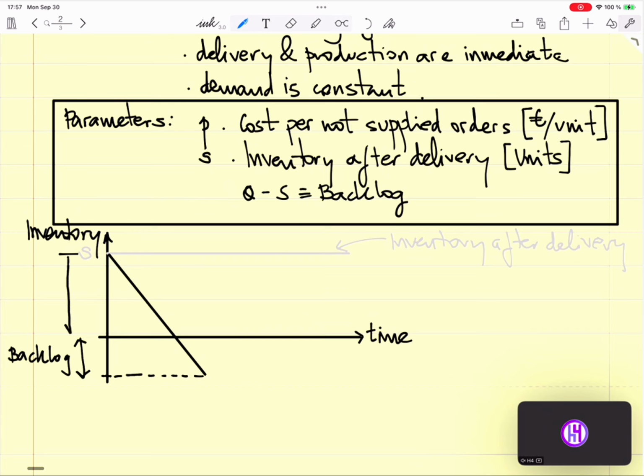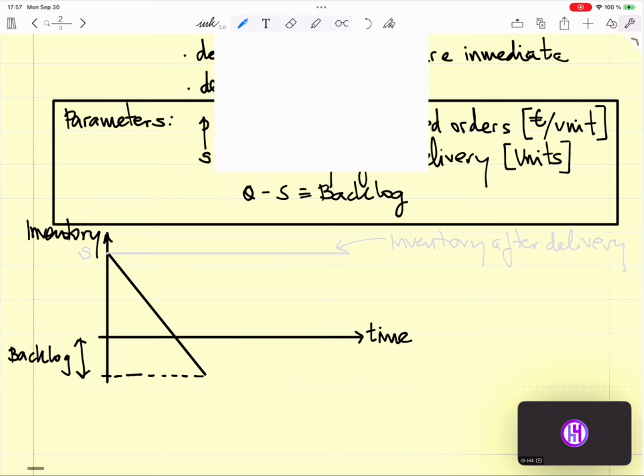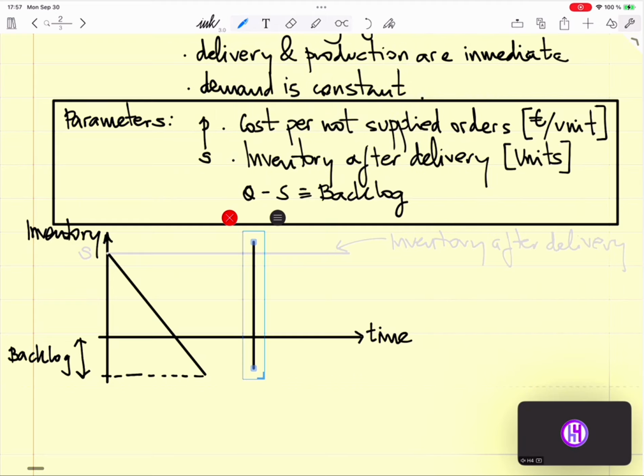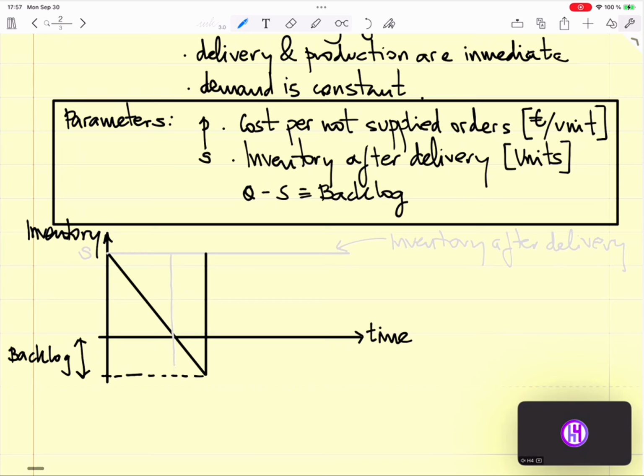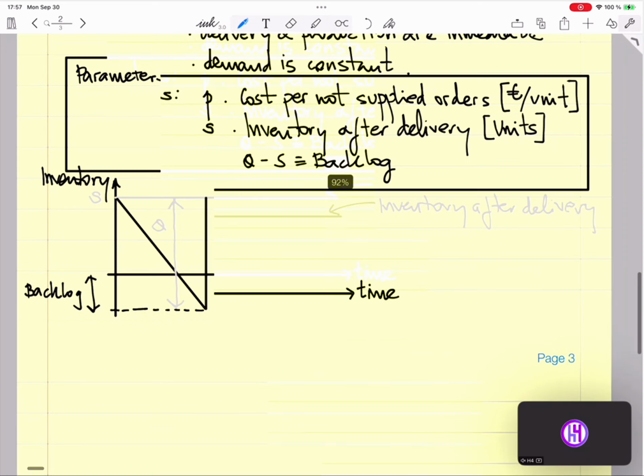And this is our delivery, which is immediate because production is immediate. This distance, let me put it like this, is our delivery queue. Okay. So again, let me comment.